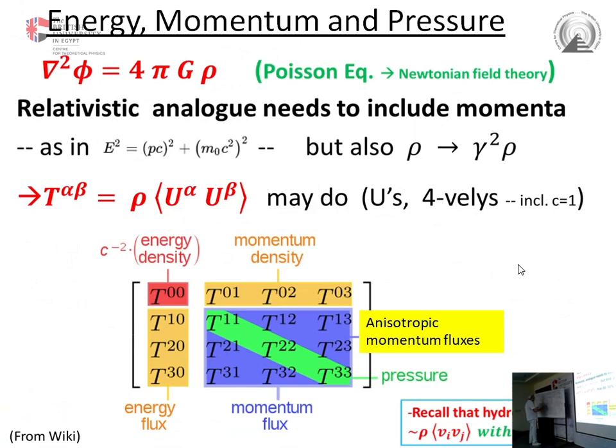So rho v squared is the momentum flux. This is momentum density, mass flux, and this is momentum flux.